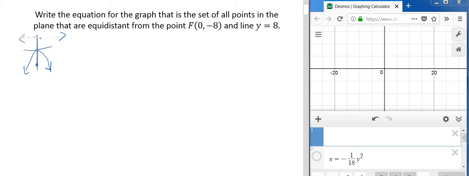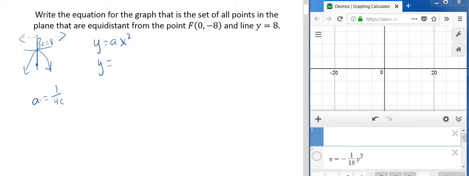Write the equation for the graph. Well, what's this distance c? Well, it's 8, isn't it? So let's write our equation. So it's a y equation. It's in the form y equals ax squared because it's opening downward. And so y equals, well, what's a? Remember, a is 1 over 4c.